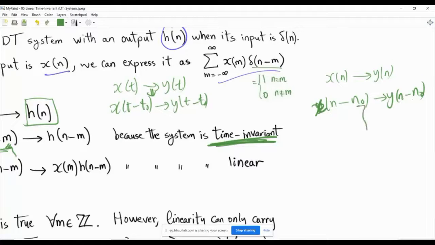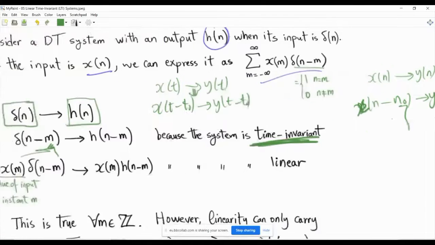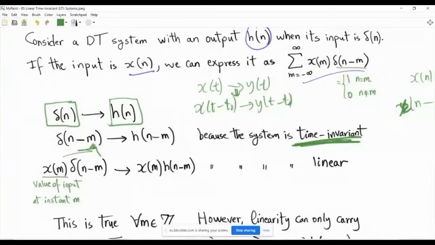If there's a shift in the input, it's there in the output, nothing else: no amplitude scaling, nothing except this shift. For any system that is not time invariant, you cannot say so. So delta of n minus m will give h of n minus m because the system is time invariant.